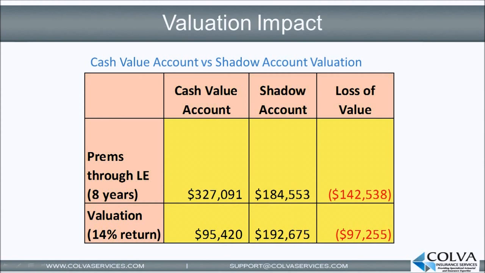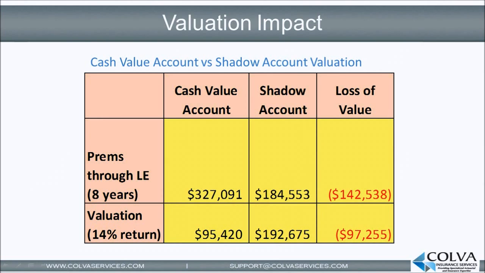So as you can imagine, this has significant advantages for both life settlement providers and life settlement investors. Not only are providers able to offer more competitive prices to policyholders, but these policies, when purchased, also have lower longevity risk, because as we saw, shadow account premiums are significantly lower than that of the cash value account, especially in the later years.